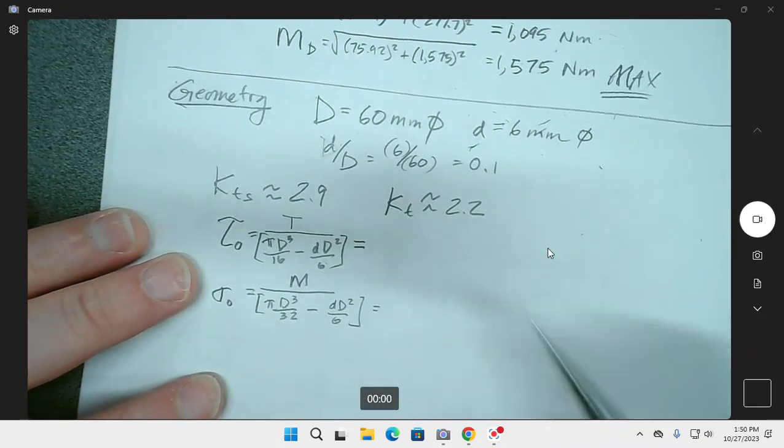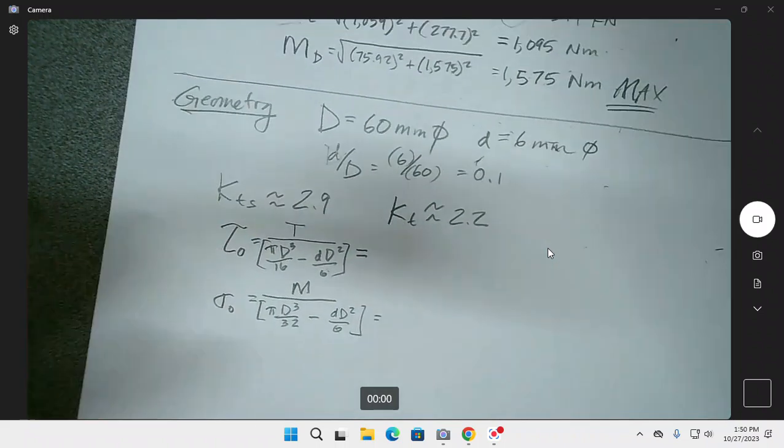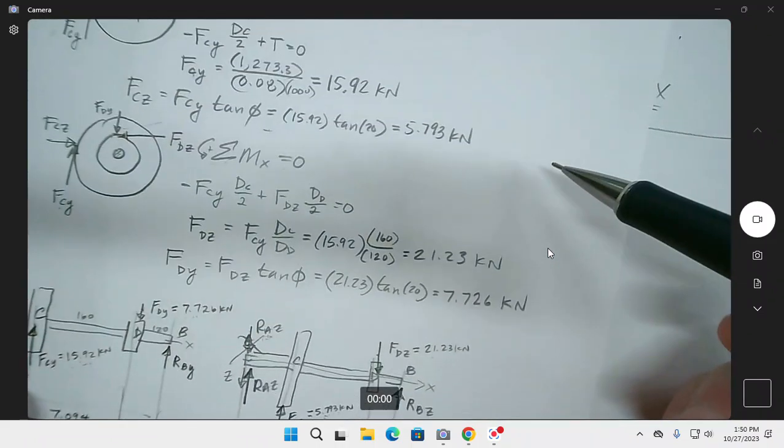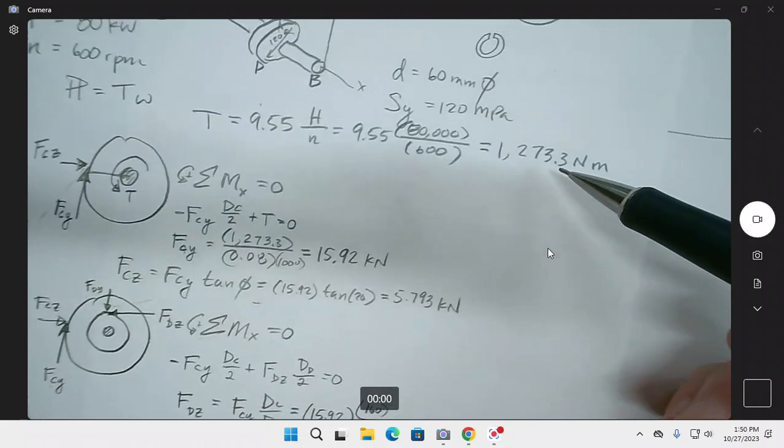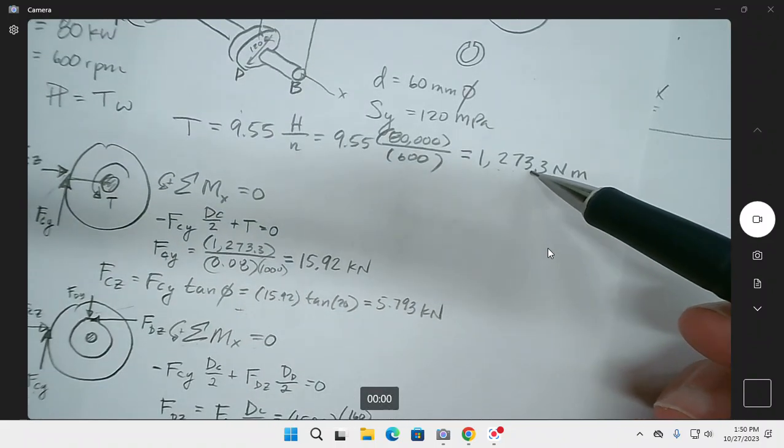The torque we found to be, did we ever find it? Yeah, no, we found it at the very beginning, 1,273.